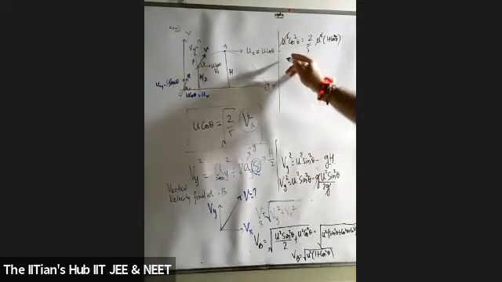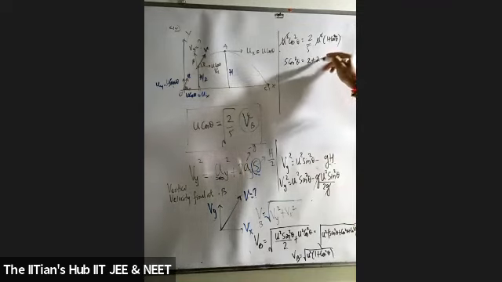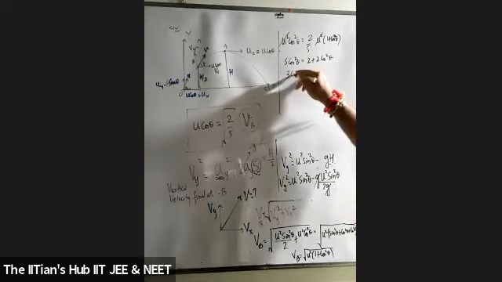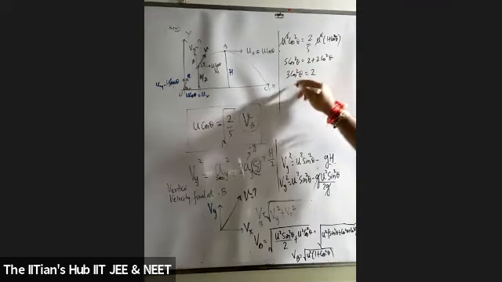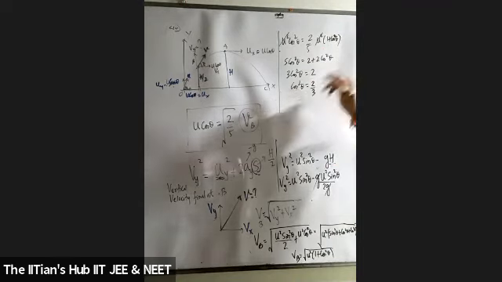So what will be 5 cos square theta is equal to 2 plus 2 cos square theta. Yes, sir. 3 cos square theta is equal to 2. So cos square theta is equal to what exactly I'm getting? 2 by 3 I'm getting. How come?